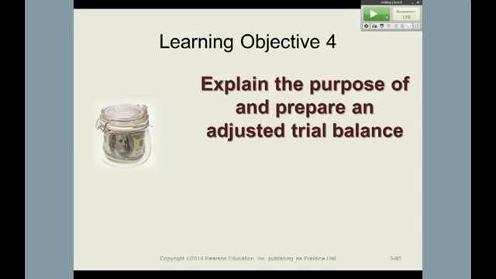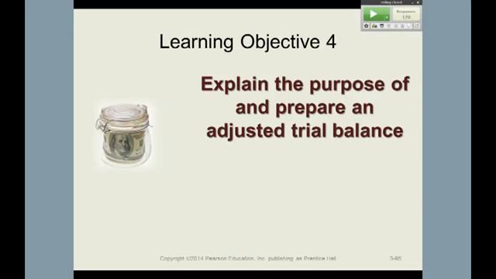On the unadjusted trial balance, the unearned subscription revenue was how much? It was $480. When we made the adjustment and flowed it through, on the adjusted trial balance, unearned revenue is $200.